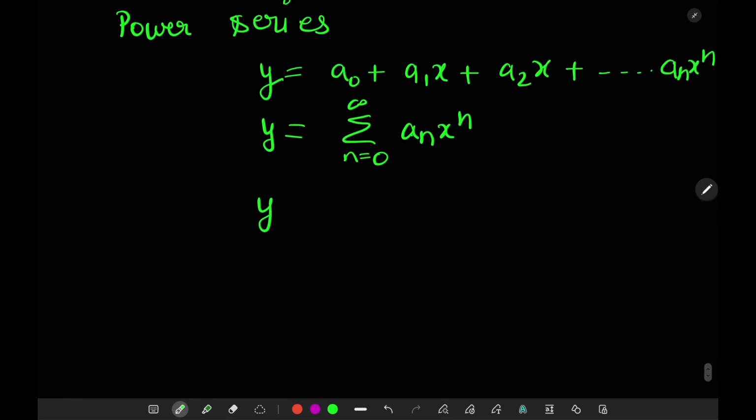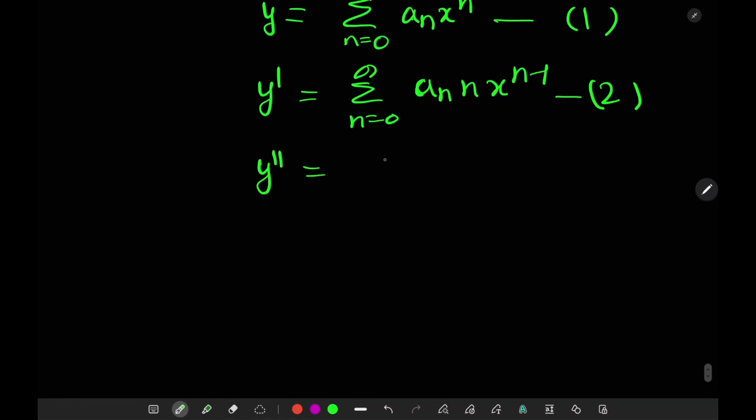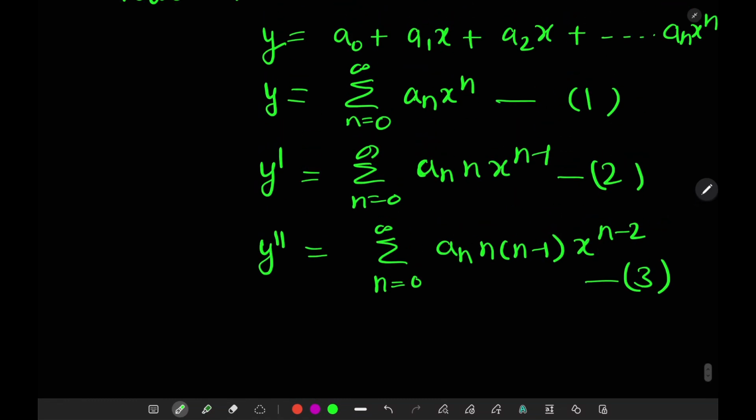If we differentiate this equation one time, we get this. Now again differentiate this term, we get this term. Using this method, we solve the differential equation.